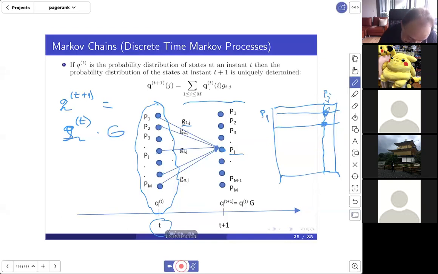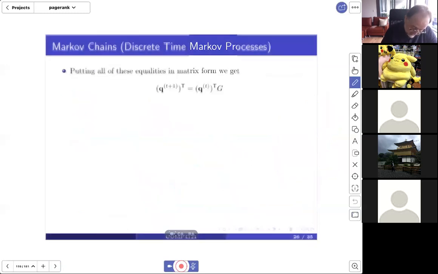Because this is exactly the outcome of multiplying. The jth entry in this matrix will be precisely this sum, because this is the product of the row of Q's times the jth column of G. So we get that the probability distribution at instant t plus 1 is exactly the probability distribution at instant t times G.